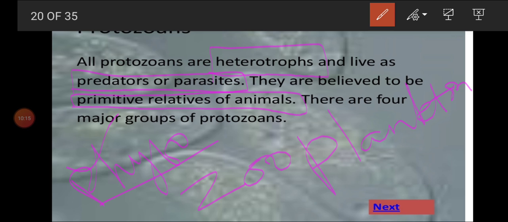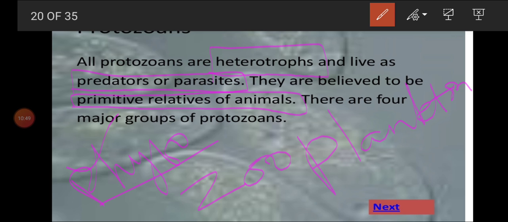Animalcules means very small animal creatures, very small animals. So the synonym for zooplankton is animalcules. Like that, the synonym for phytoplankton is plantcules. Plantcules, animalcules. Phytoplankton, zooplankton.